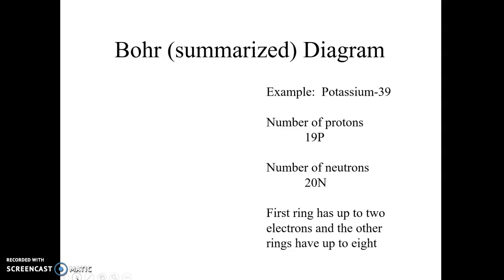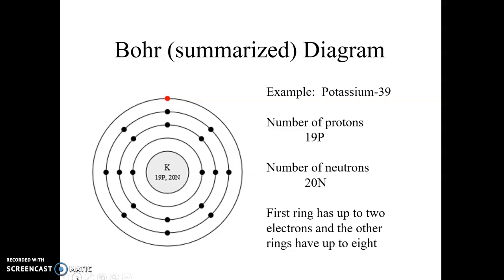When we do a summarized diagram, we draw a circle in the middle to represent the nucleus. We put on it the symbol of the element. So for this, we have a K for potassium. We list the protons and the neutrons because those are the ones that are in the nucleus. So for potassium, we have 19 protons, 20 neutrons.